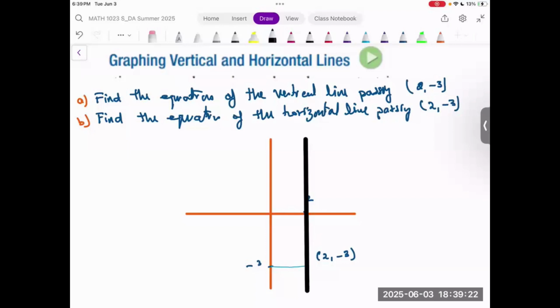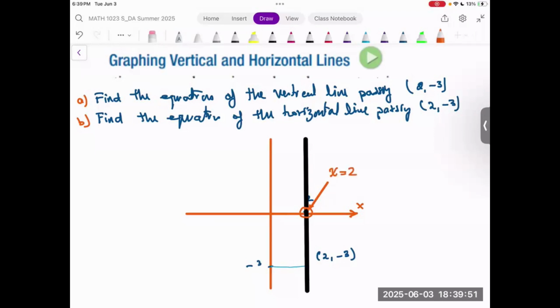Everybody okay with this? Now, this vertical line, what axis does it intersect? Obviously this axis, the x-axis. Where? At that point, right? Can you label it? It's 2, right? Is it y equals 2 or x equals 2?